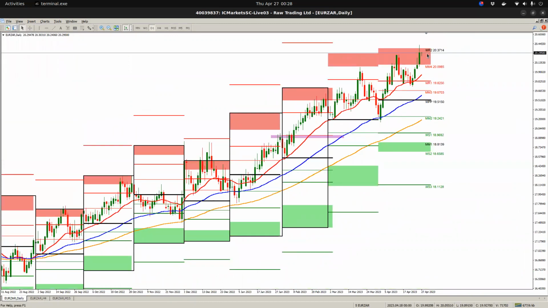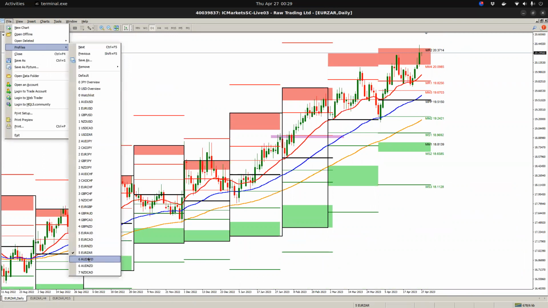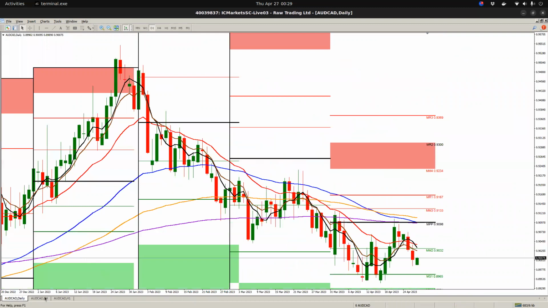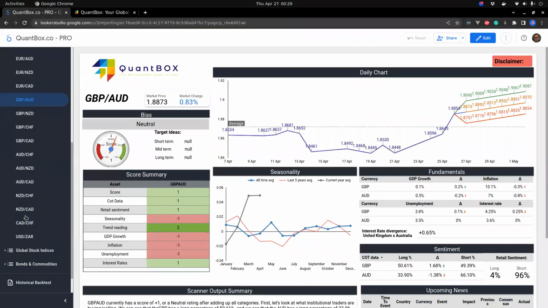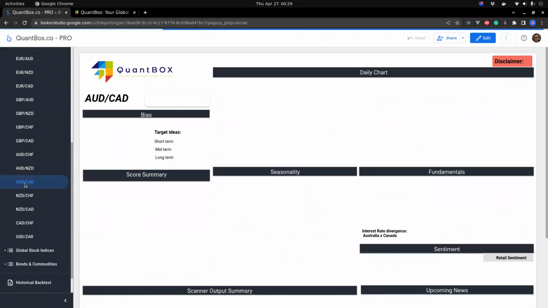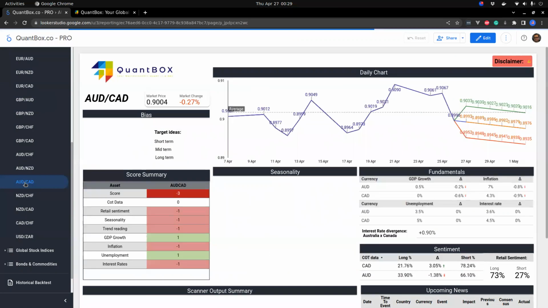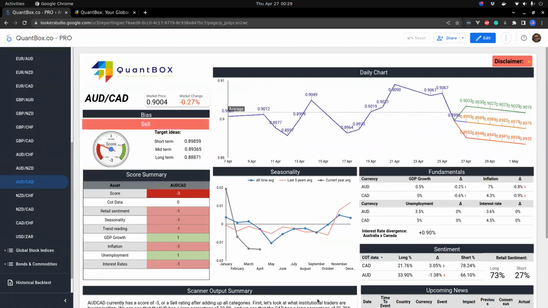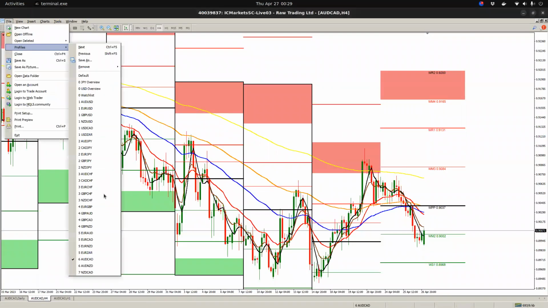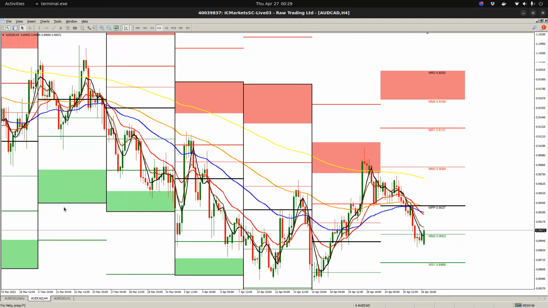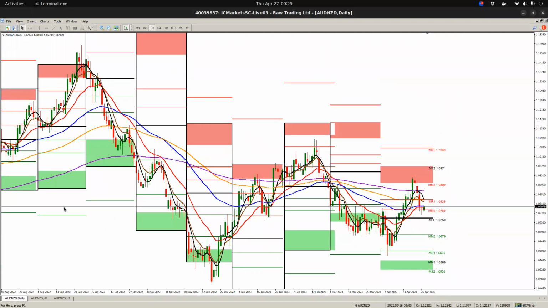Euro ZAR. Okay, you can see this is higher than that, so I'm not going to touch this. Aussie CAD, all the way down there. Aussie CAD is a bias of, well, you can see bearish, right? And so right now, not in a position to sell. Leave it alone. Aussie Kiwi, not great.